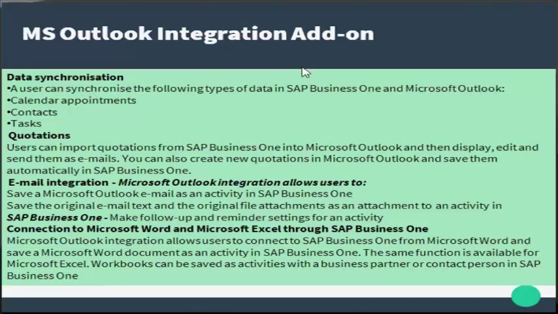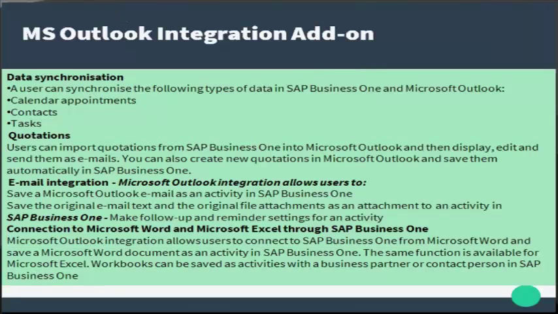That means import contacts from SAP Business One, synchronize them with Microsoft Outlook, save email messages as attachments, and import tasks and calendar activities that are created within SAP Business One into Microsoft Outlook. You can edit, view and create sales quotations and save them to SAP. Most importantly, Microsoft Outlook integration helps you increase your productivity and simplify your work.